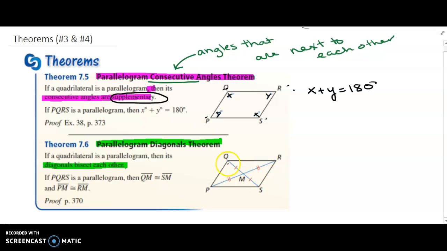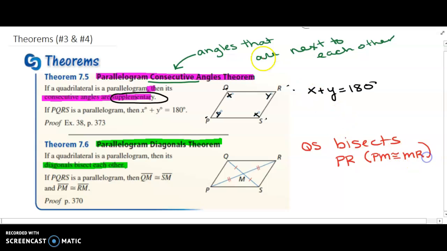Okay, so that means that QS bisects PR, and therefore PM is congruent to MR. And it also means that PR bisects QS, which means that QM is congruent to MS. So they bisect each other.